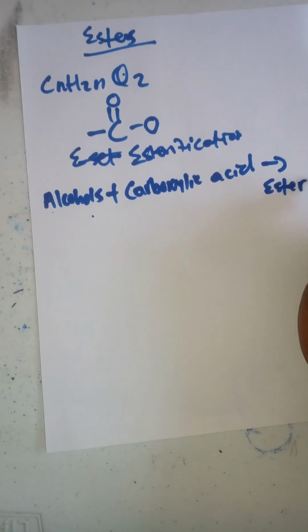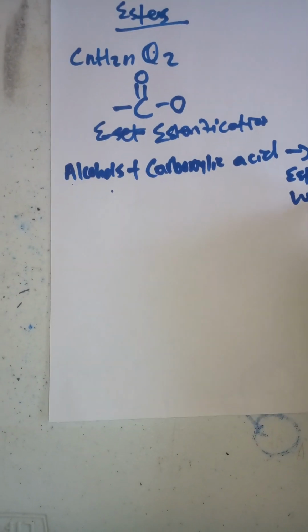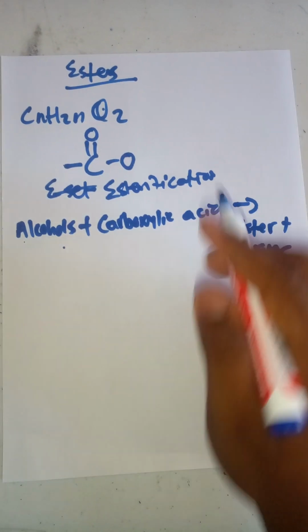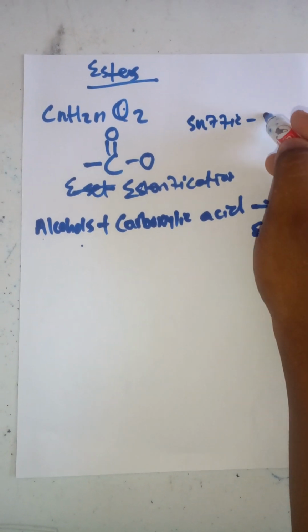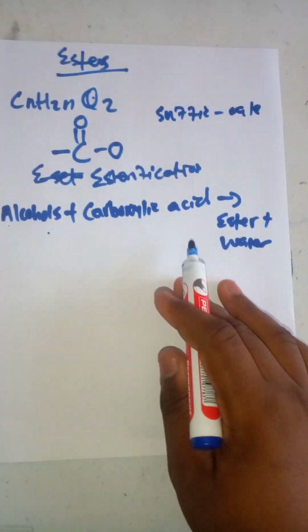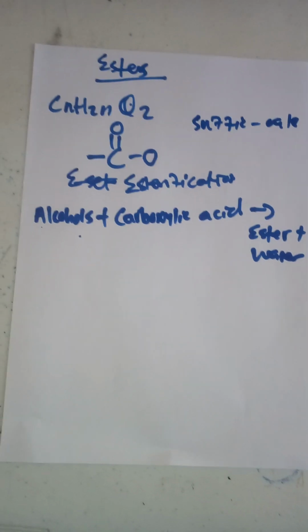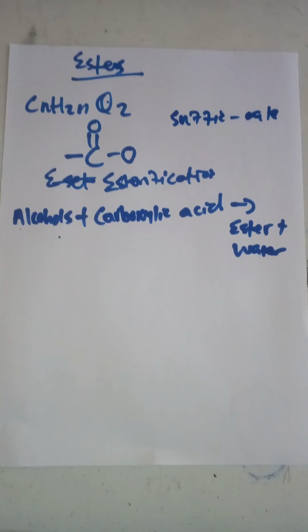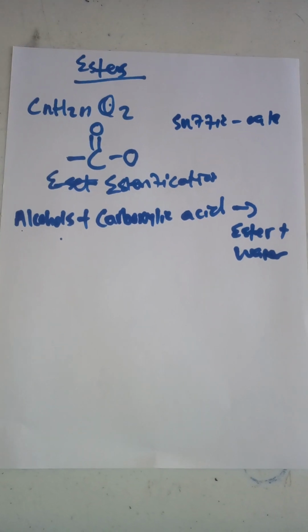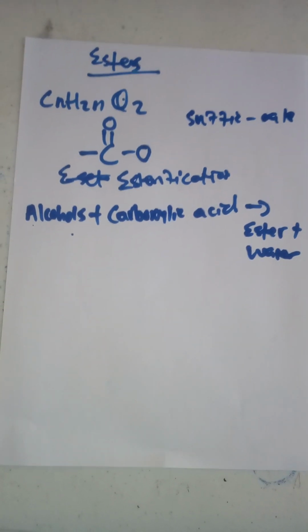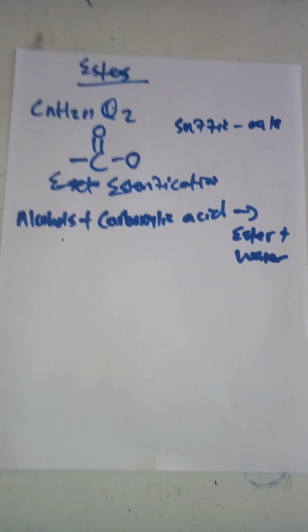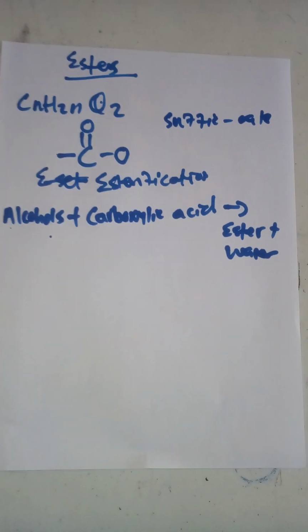Ester plus water. And another thing, the suffix for ester, this is what? OATE. So the esterification is the combination of alcohols plus carboxylic acid so that they can give us ester plus water.